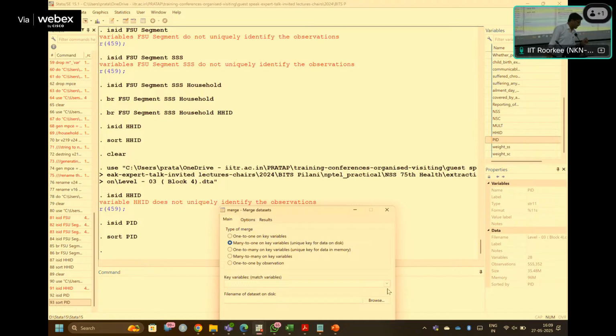Now another catch. If you are taking your command as 1:m, m is your second file. For m, you need not define your uniqueness of the ID. If it is 1:1, in both files uniqueness should be defined.